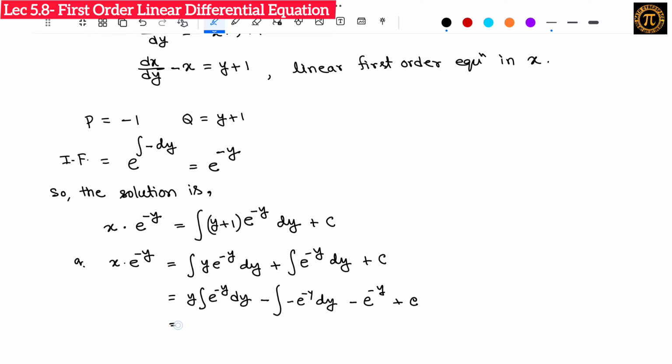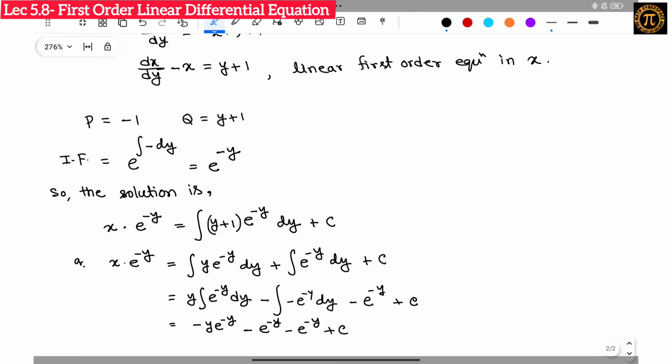So this is equal to minus y e to the power minus y, and this integration is minus minus plus, and the integration of e to the power minus y is minus e to the power minus y. So again minus e to the power minus y, and this is minus e to the power minus y plus c.